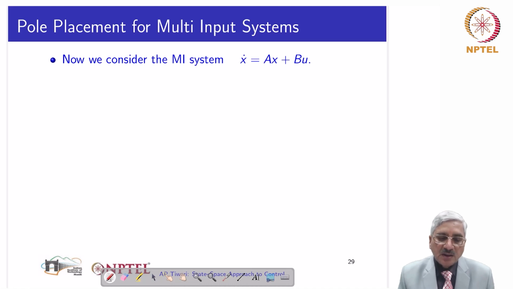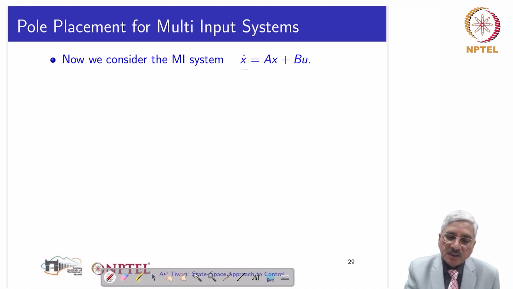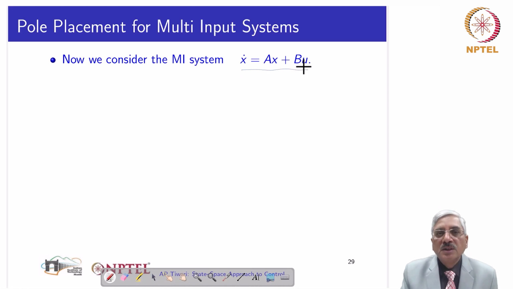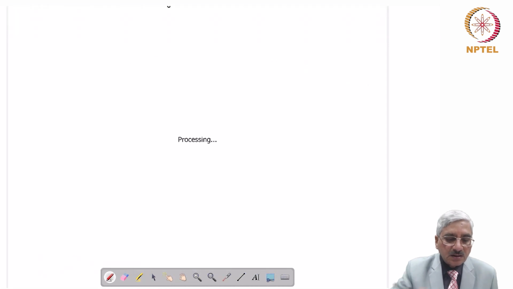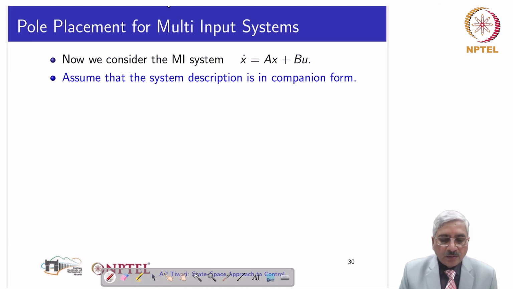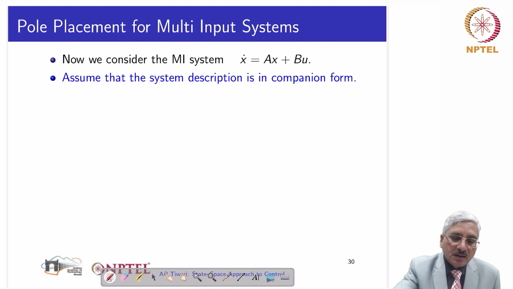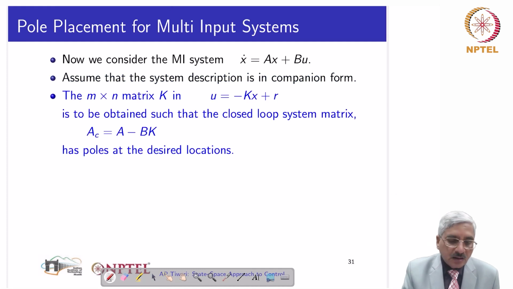So we are given a multiple input system, x dot equal to Ax plus Bu, number of inputs is m greater than 1, and so B is n by m matrix. For this system, we have to design the gain matrix, and this is the problem statement.